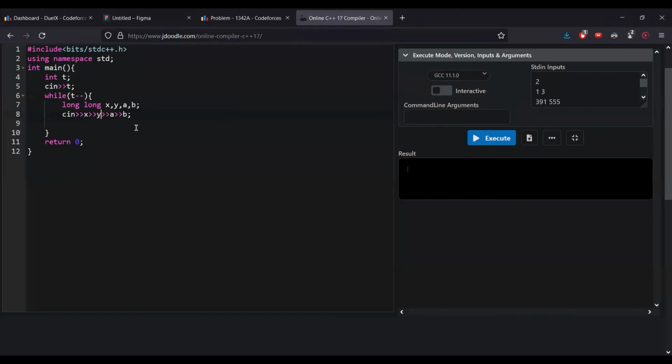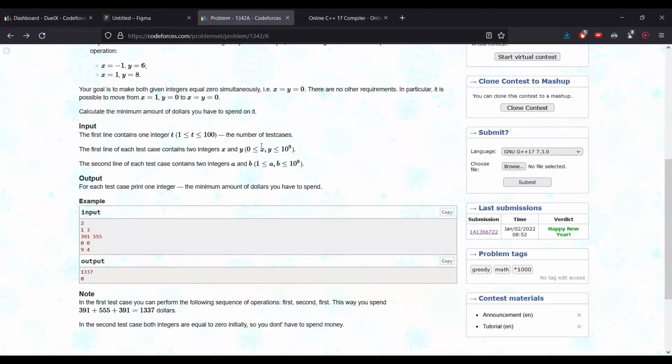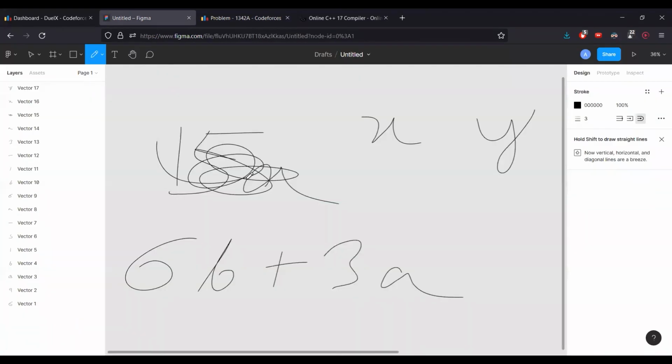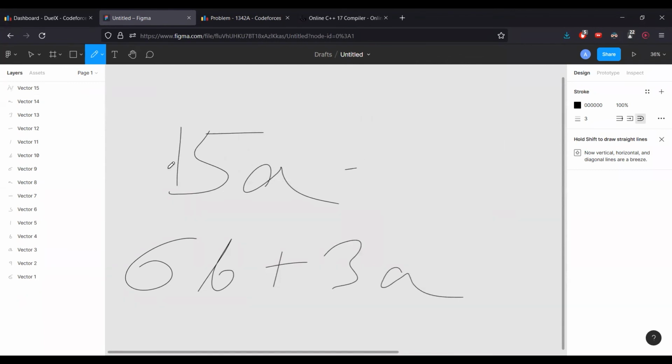So we can do int, no, not int, see, numbers are huge. 10 to the power 9, int will struggle with that. So we do long out1. Let's call it out1 because I'm bad with names. Out1 is equal to x plus y. You put that in a bracket because you're doing the sum first, now the multiplication, and multiply that with a. Right? We have one of these expressions down now. We have 15a figured out.